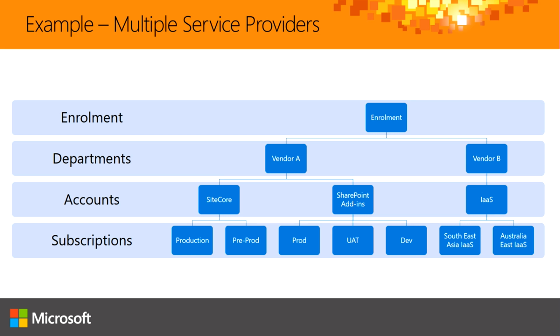Now, in this scenario, if the customer goes, okay, this site call project is coming out of its project phase and it's about to go into the operational phase, and I want vendor B to manage that for me now. One of the things you can do is go into the EA portal, go to that account and change the department that's allocated to that account.